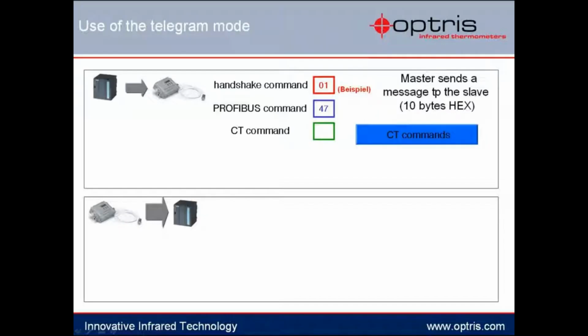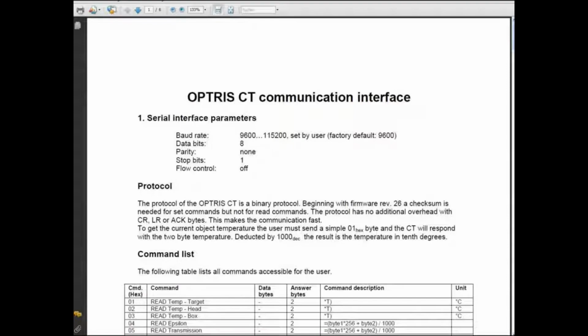On this website, which also includes the webcast regarding the Profibus, you will find the videos as well as the command list for the temperature sensors Optris CT and Optris CT laser, which include all commands covering the sending and receiving. Let's have a quick look at some commands from the list.